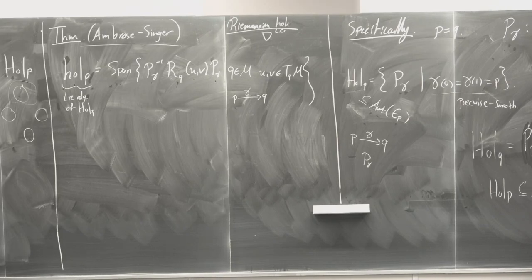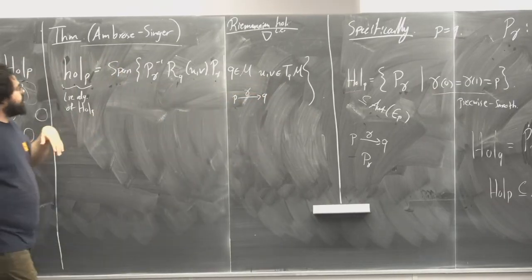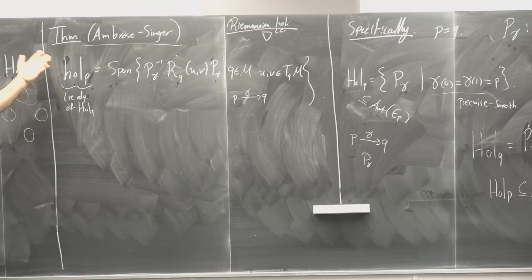And again, this is specifically for Riemannian, because we're doing Levi-Civita and stuff, but you can see how this can easily generalize to more general connections, more general bundles. So I have a proof sketch as well.